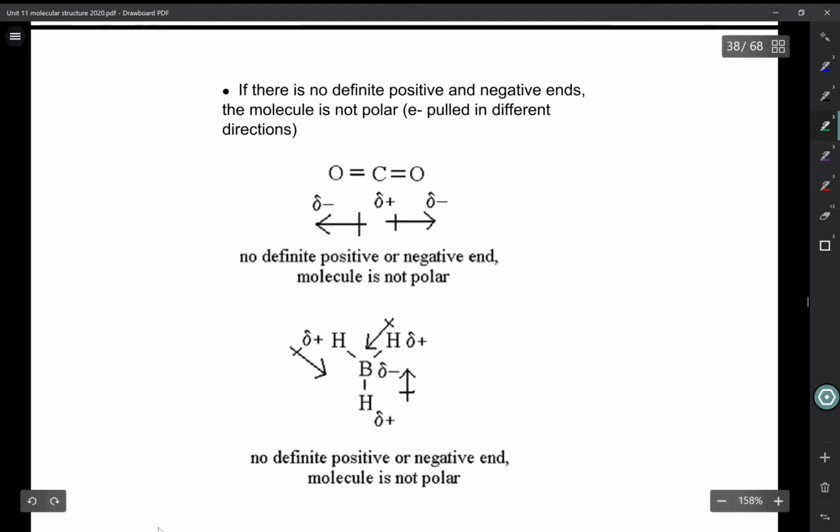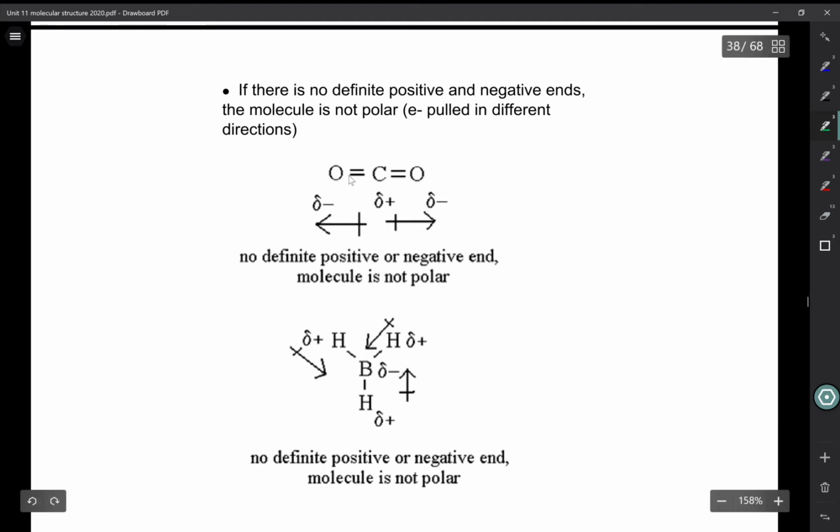All right, so these two molecules here, CO2 and BH3, are nonpolar molecules. To figure this out, you look at each individual bond and see the direction of electron pull.